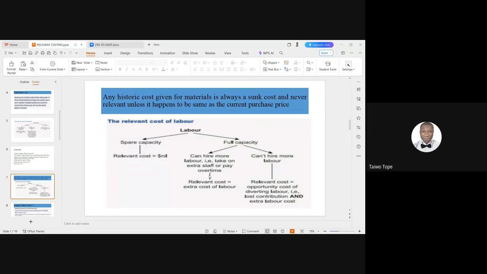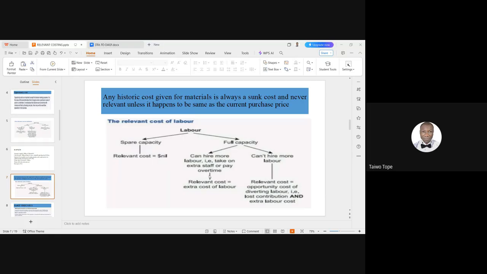So when you pick idle workers, the relevant cost will be zero because there is no contribution to be lost in the other departments, because they are already idle. So bringing them into a new role or to aid in the performance of the function will not cause the organization to incur any extra cost.